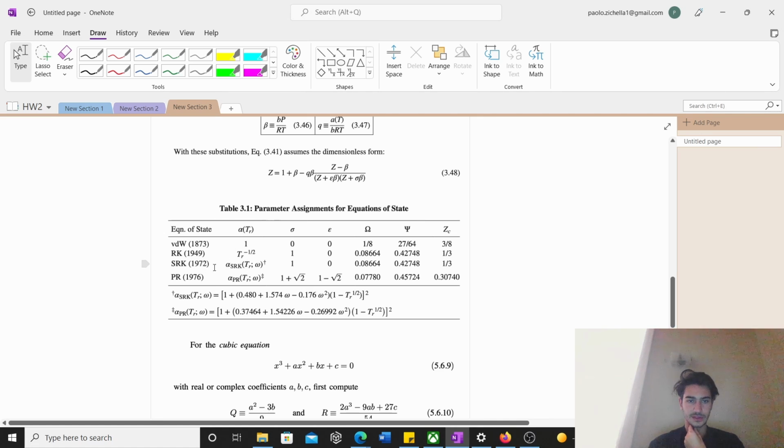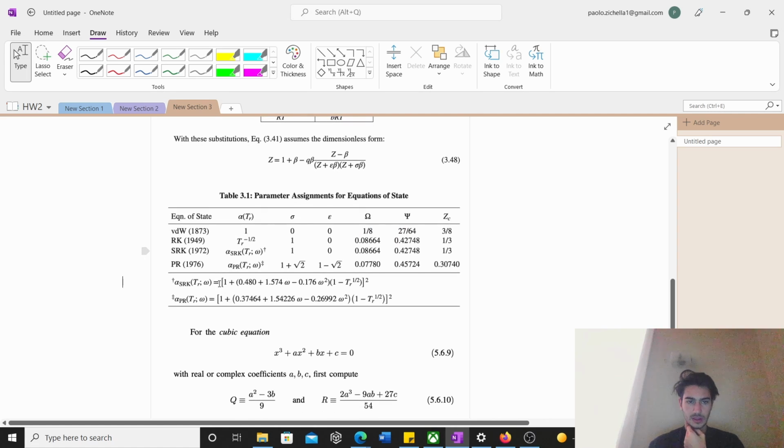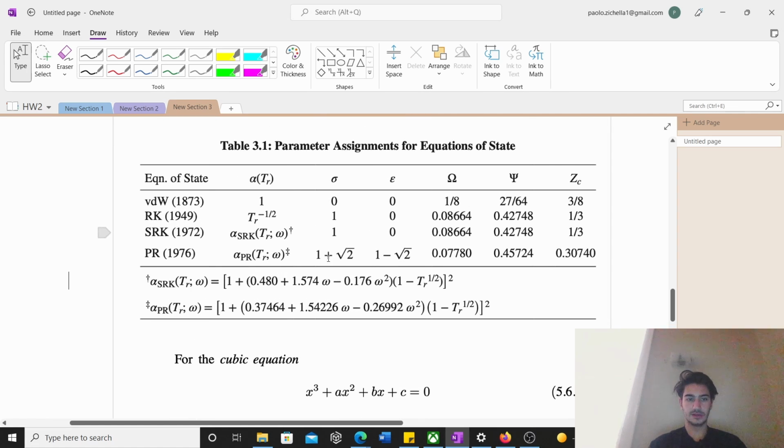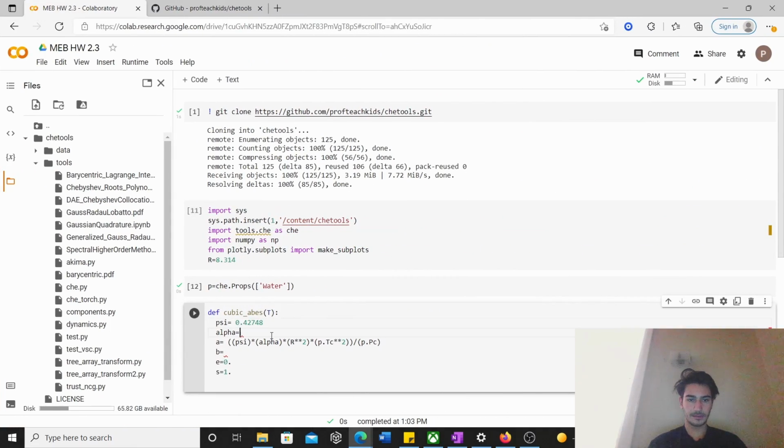And then we also see that we are given the alpha value. We see that the alpha for SRK is equal to this expression, and that is down here. So we're going to have to plug this whole expression into our Colaboratory code. So let's put that in.